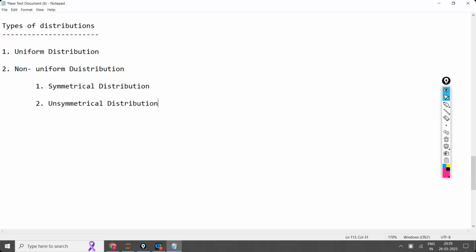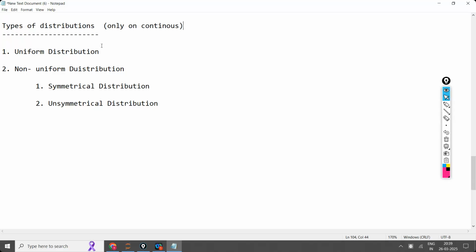And all these things are applied only on the continuous variable, not on discrete. Only on continuous.